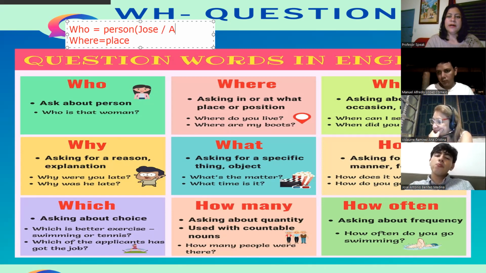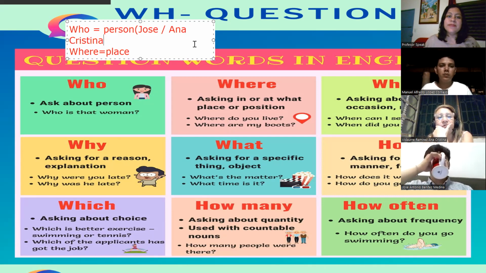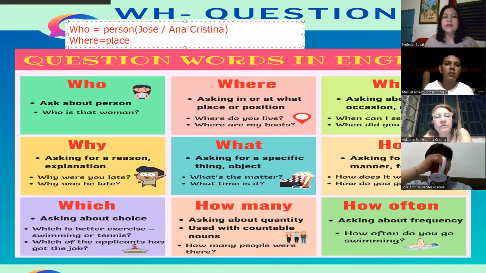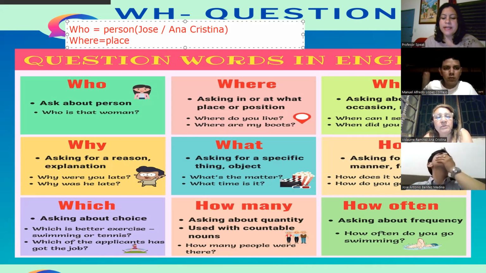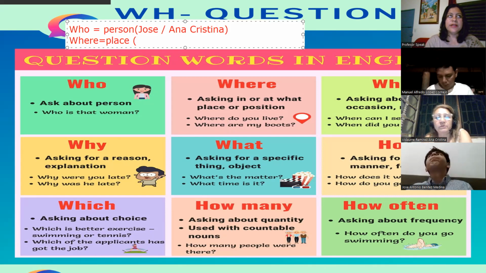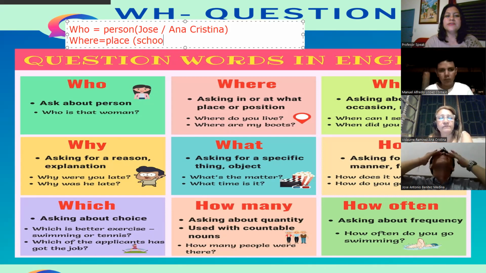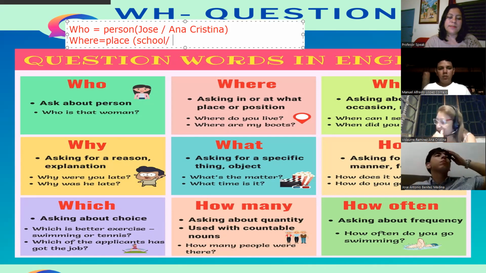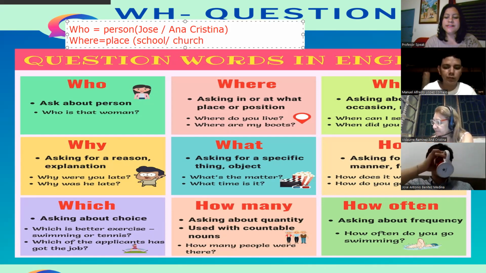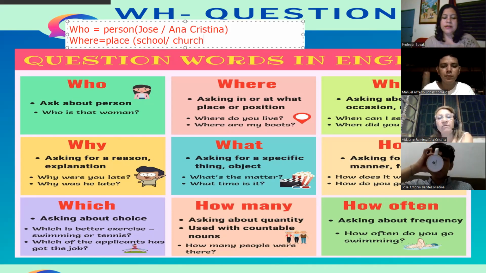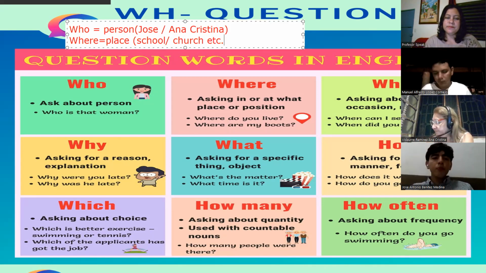Or I am talking about Ana Cristina, okay? So if I am talking about a person, I am going to use who, okay? If I am talking about a place, for example, a school, una escuela, okay? Or if I am talking about a church, una iglesia, and continue, okay? And let me put this.